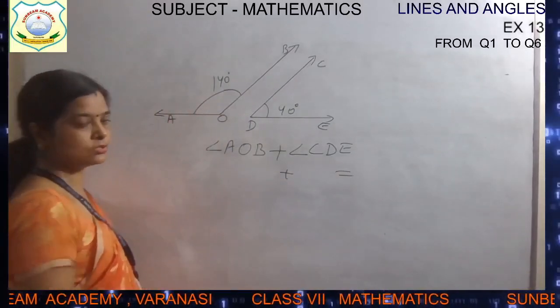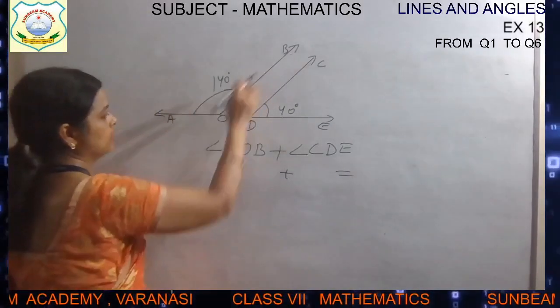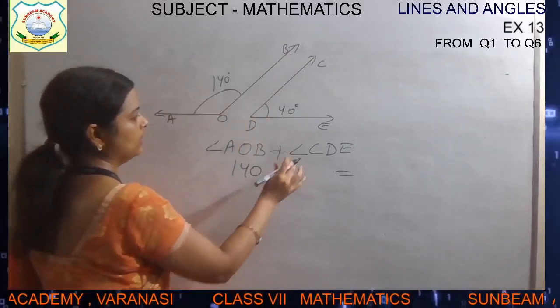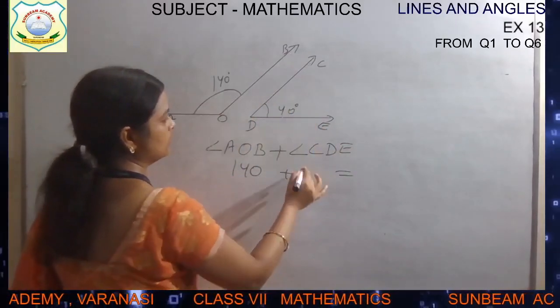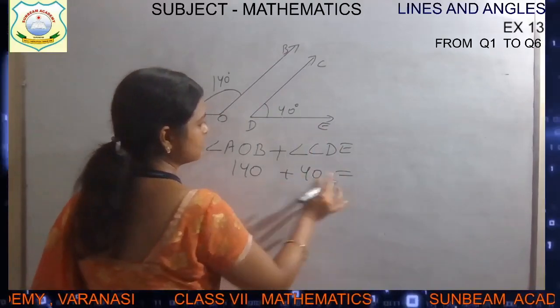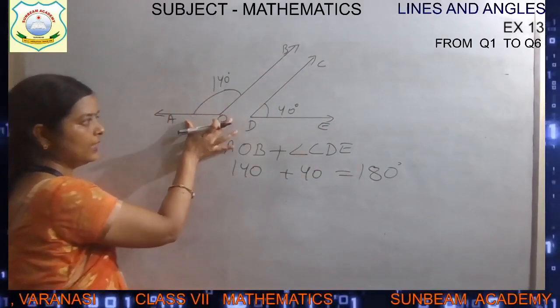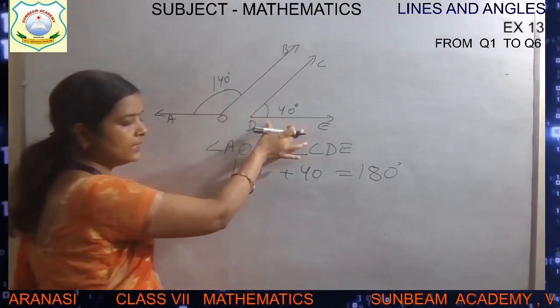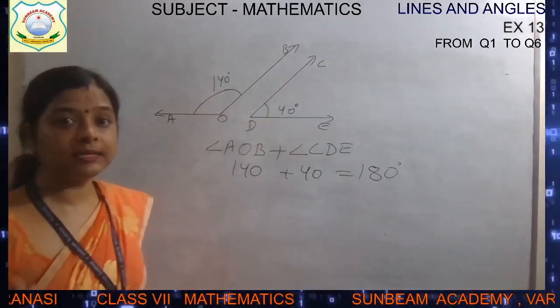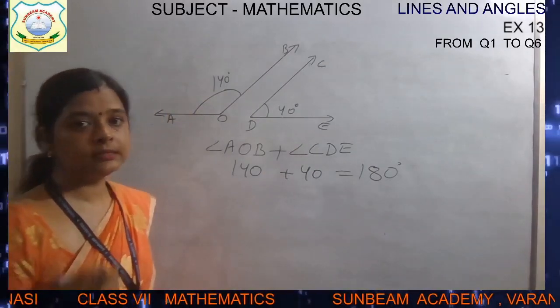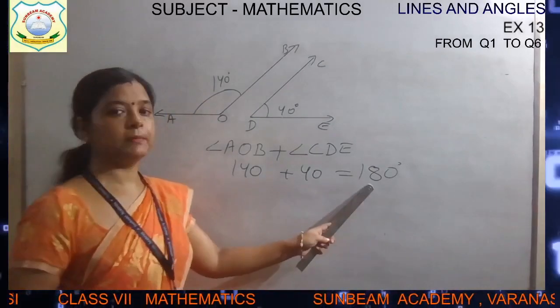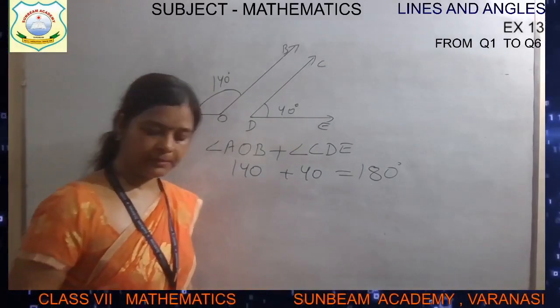AOB is 140 degrees, and angle CDE is how much? It is 40 degrees. What is their sum? 180 degrees. It means that angle AOB and angle CDE are supplementary angles. If they make 180 degrees, they are supplementary angles.